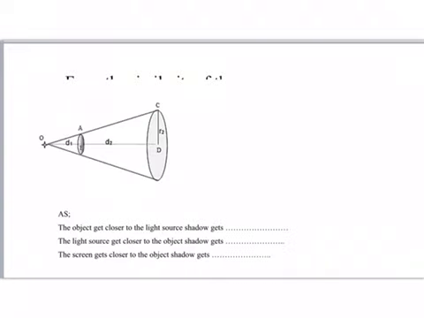In order to find the dimension of the shadow formed, we use the similarity of triangles. Now here you see that the triangle OAB is similar to the triangle OCD.